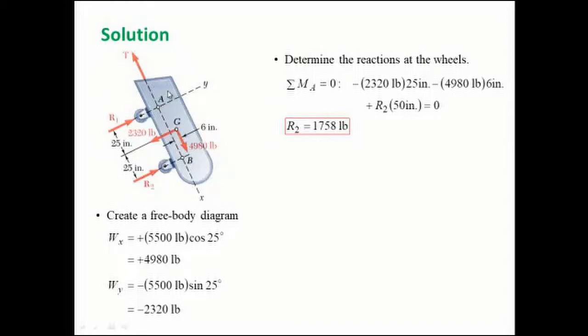How to find out the perpendicular distance? Draw a line passing through A parallel to the line of action of the force. This is the perpendicular distance, and this distance is given as 6, and it is producing a clockwise moment, negative, the value of the force and the distance.